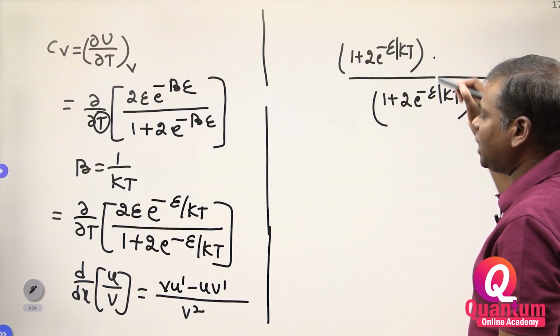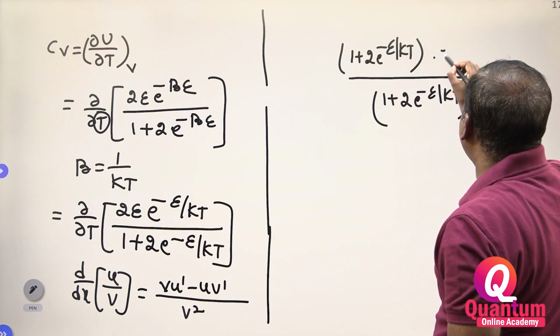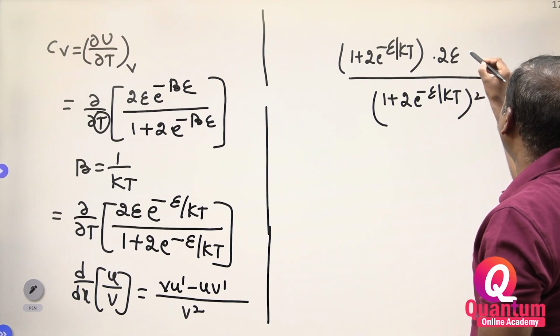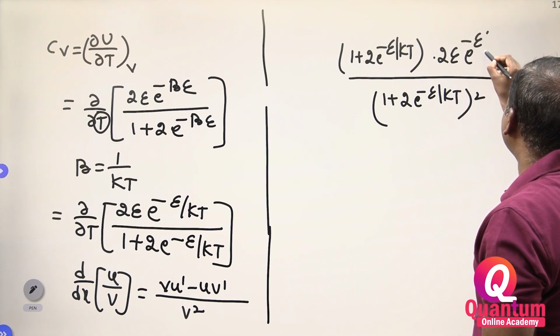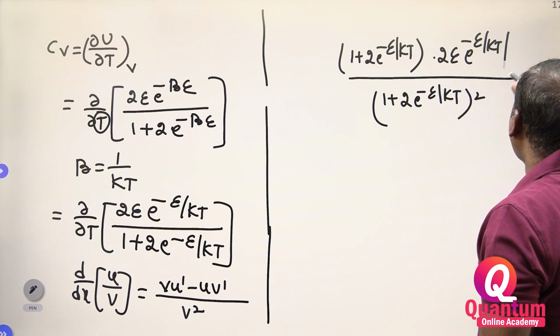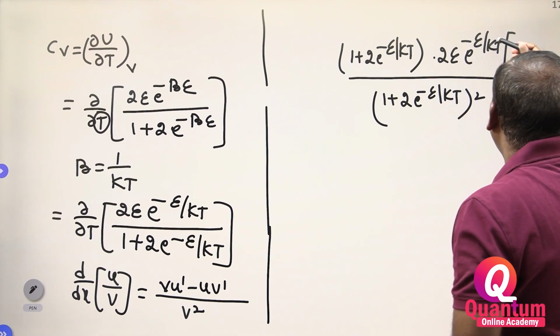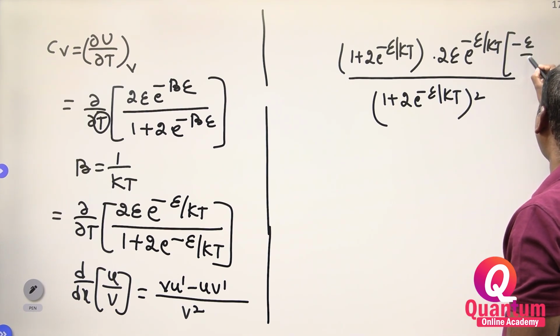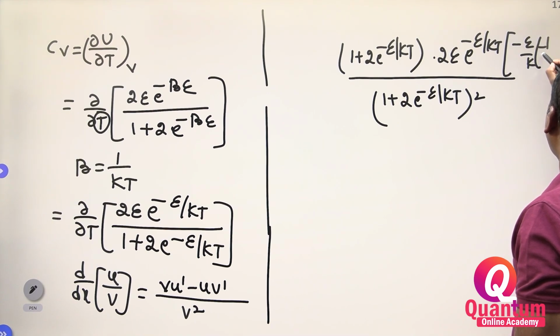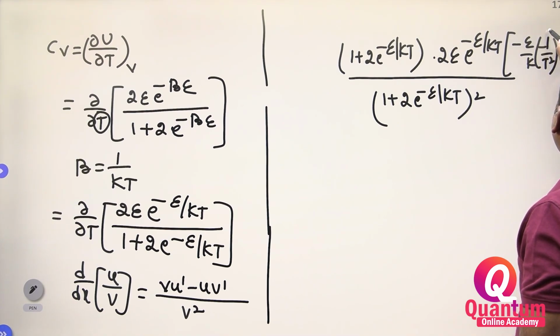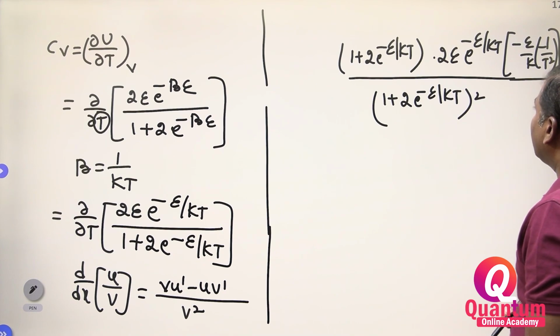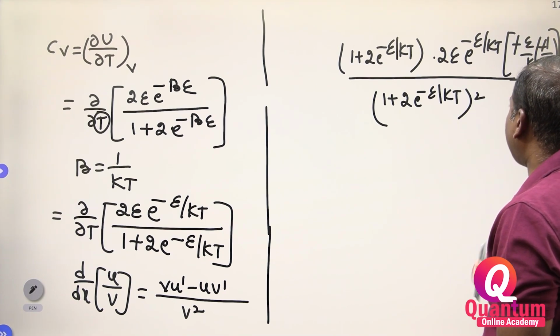into u'. u is equal to what it is? 2ε into e^(-ε/kT) into, again you have to differentiate, minus ε by k into minus 1 by T². Minus 1 by T², right? Minus into minus will become a plus.